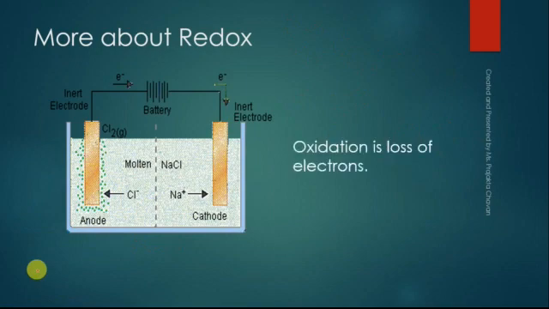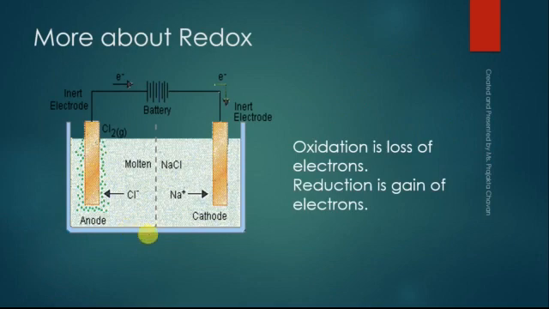Oxidation, we can say it is loss of electrons, and reduction, we can say it is gain of electrons. ऑक्सीडेशन हमेशा कहाँ पे होता है? ऑक्सीडेशन हमेशा एनोड पे होता है, एंड रिडक्शन हमेशा कहाँ पे होता है? रिडक्शन हमेशा होता है कैथोड पे, when we are talking about electrolysis.